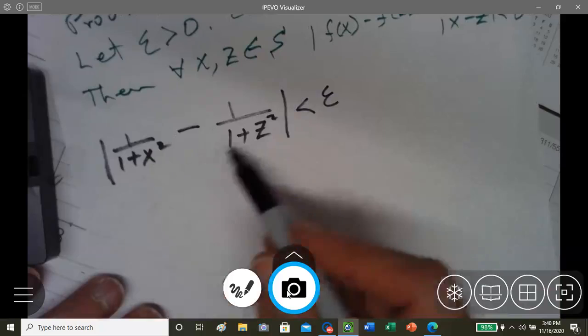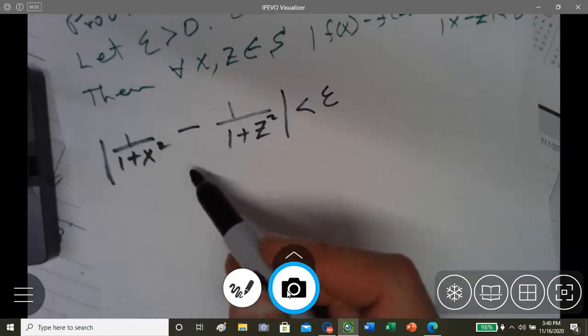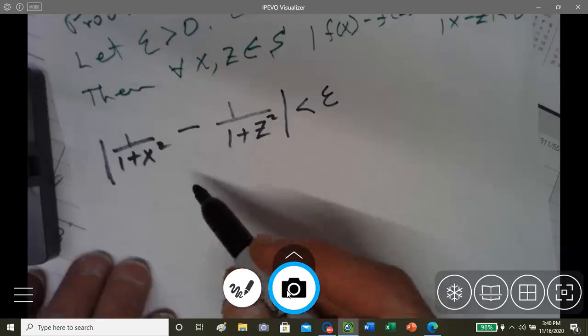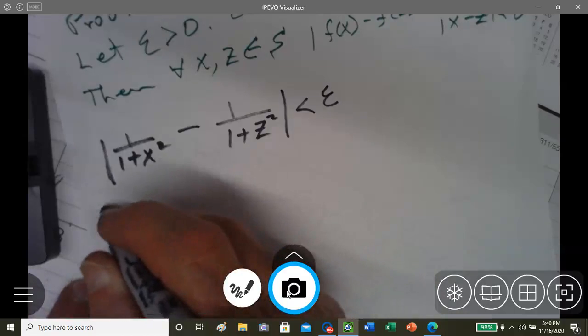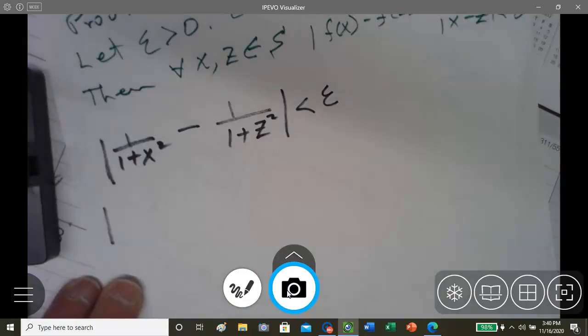So from here we need to get a common denominator, so we have to multiply.